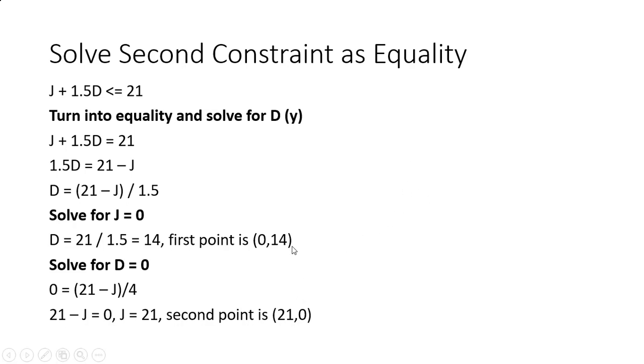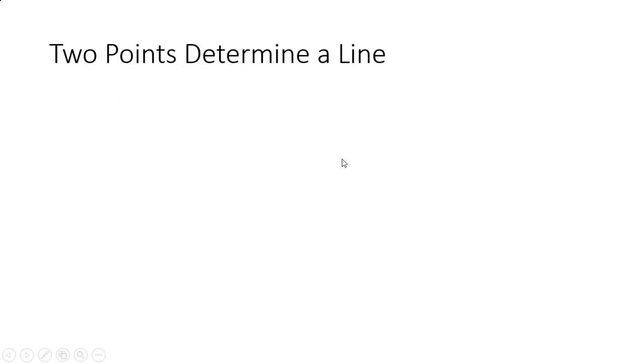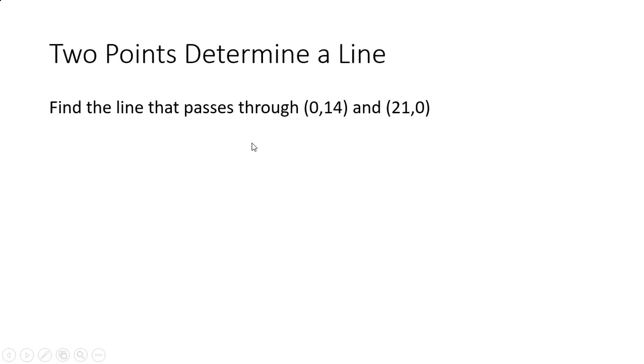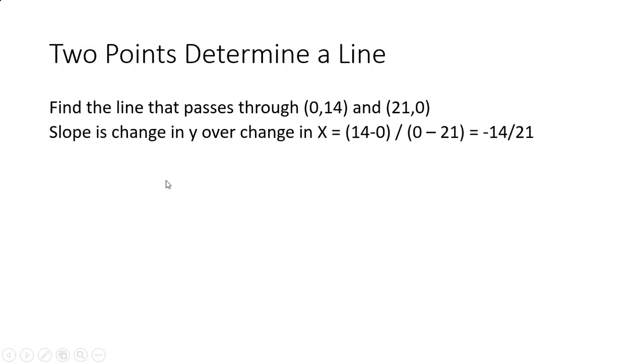So we're going to do the same thing. We're going to find the line that passes between 0, 14 and 21, 0. The slope is the change in y over the change in x.